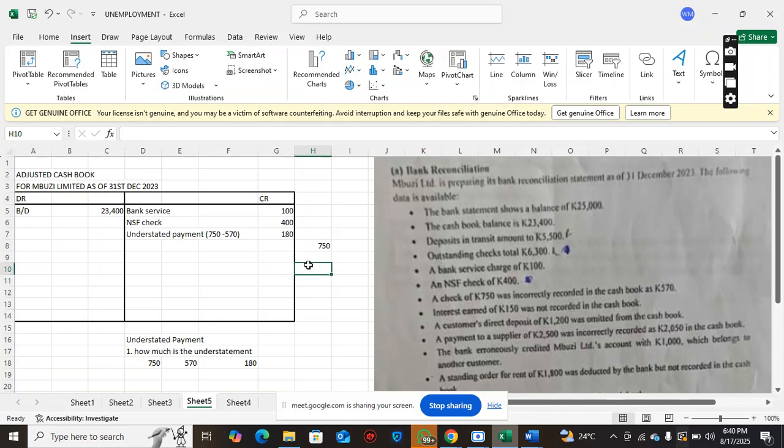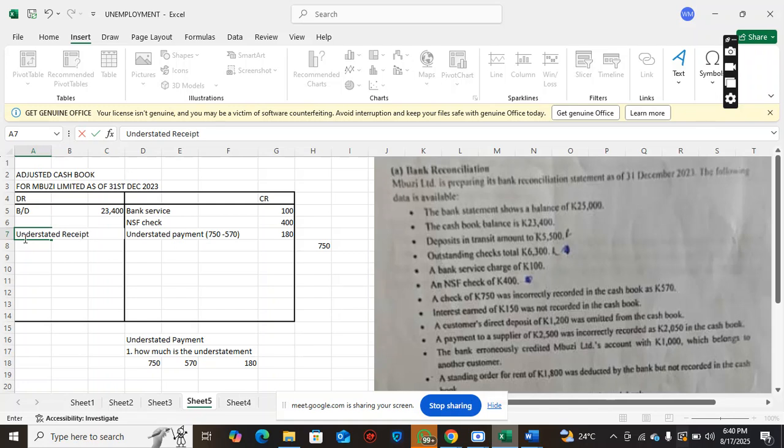Yes, we're taking it as a payment. If it was a receipt, understated receipts, just remember this: understated receipt, it should be on the debit side, so that you put the correct amount. Then understated payment, credit side.